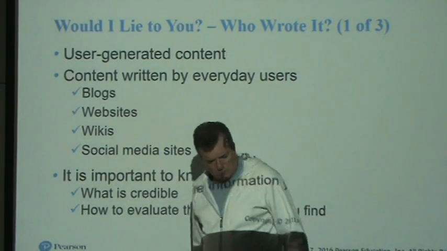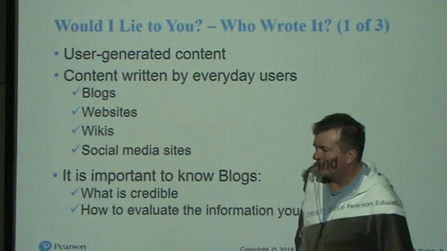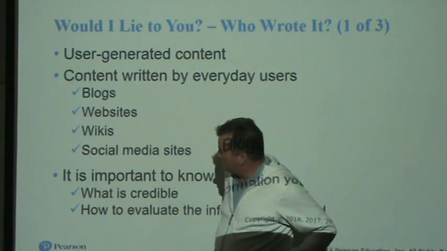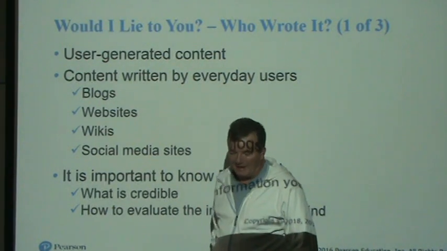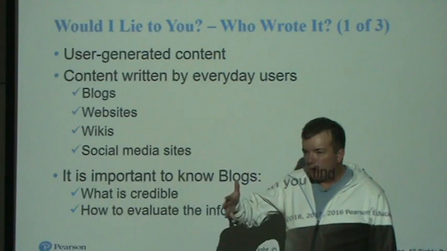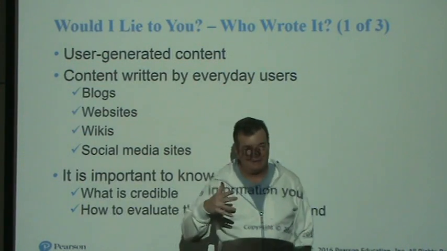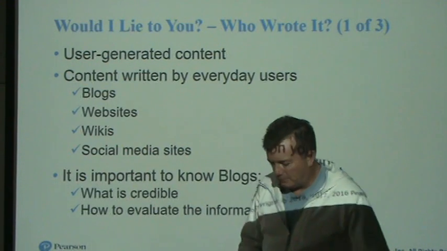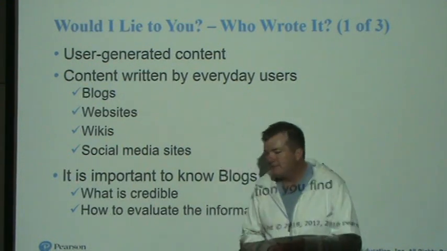Wiki is a Hawaiian word that means quick, right? So when Wikipedia came out, the idea was it would be an encyclopedia that could very quickly get the definitions of things like you would see in a book encyclopedia.